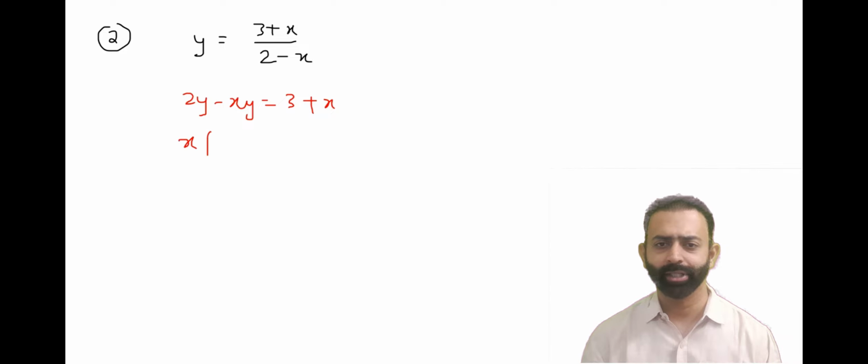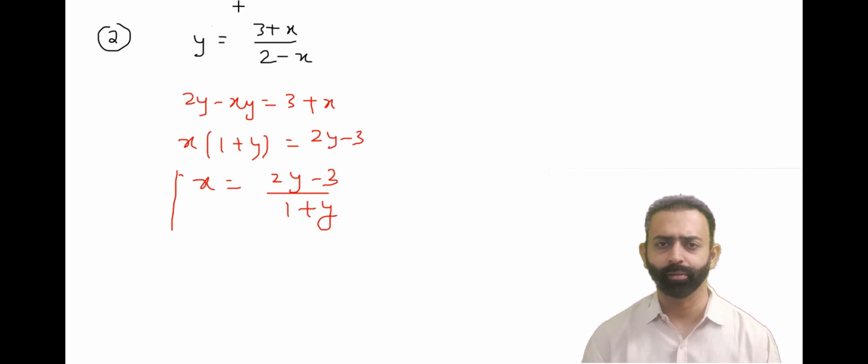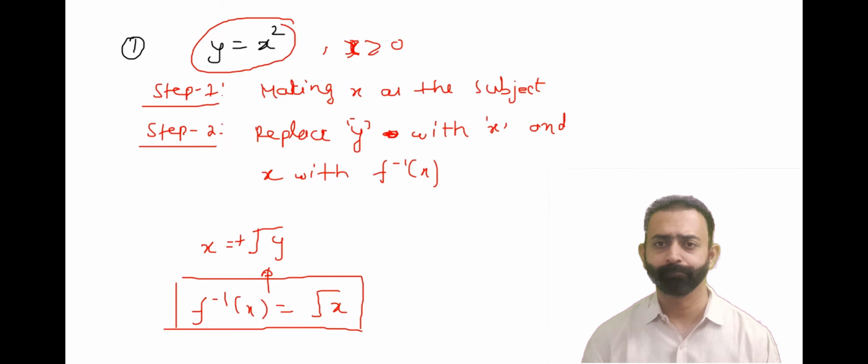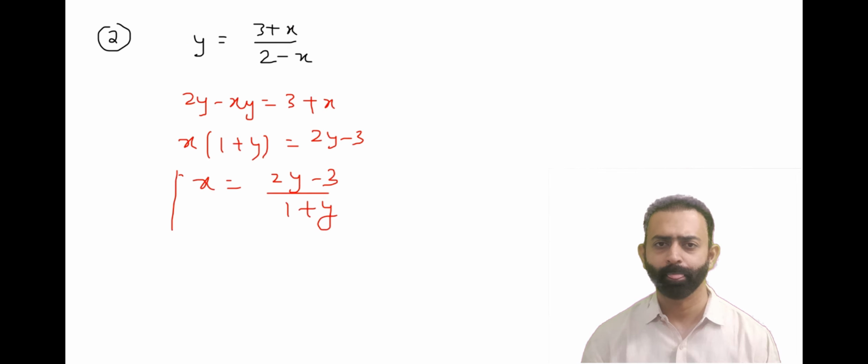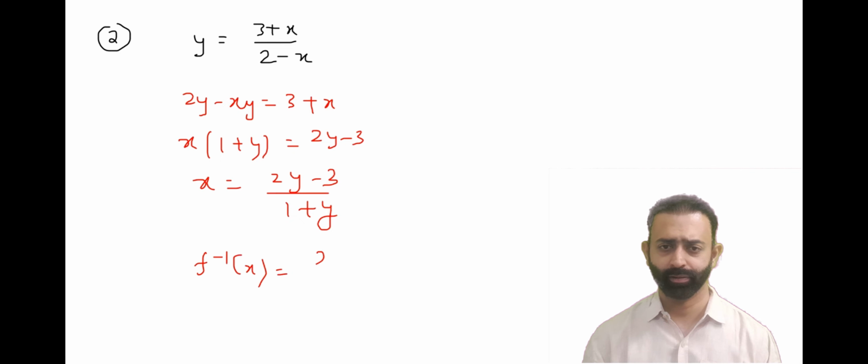Making x the subject, it gives me x(1 plus y) is equal to 2y minus 3. So x is (2y minus 3) over (1 plus y). Right? And replacing x with f inverse, this is your f inverse of x, and this is (2x minus 3) over (1 plus x). This is your inverse function.